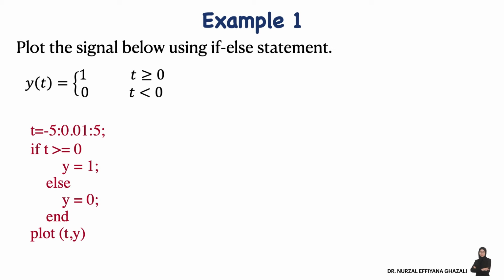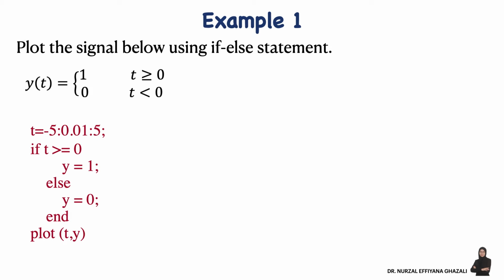In this case, MATLAB will read t equal to -5. Then it will check if the first condition is true or false. In this case, the first condition is false, then it will go to y equal to 0. Then it will end. So nothing will happen.